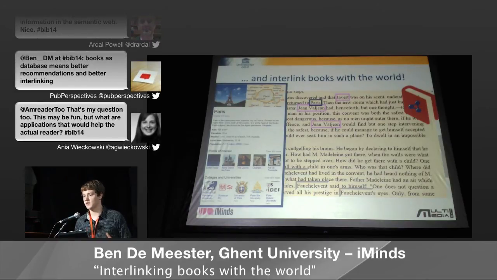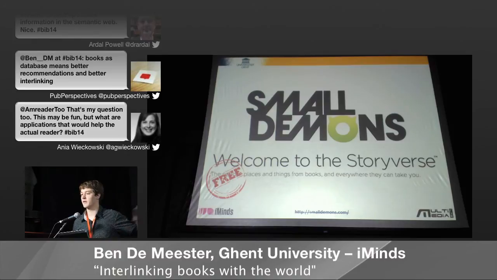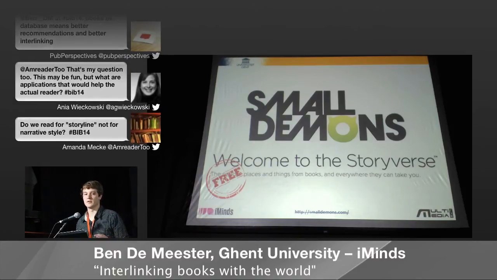This is also something that has been there before. You've got Small Demons, which was about creating a story universe. This book mentions Albert Einstein somewhere, this other book also mentions Albert Einstein, so they're interlinked with each other. Small Demons didn't break through because they really relied on manual annotations.